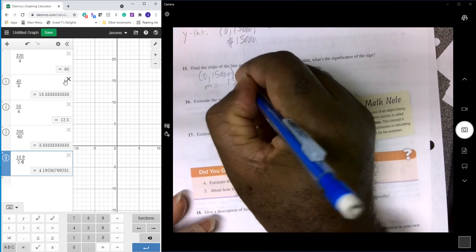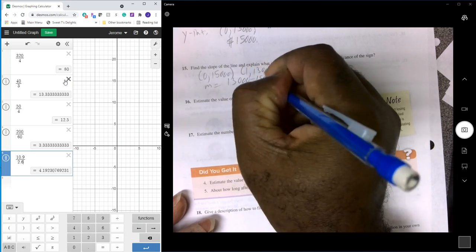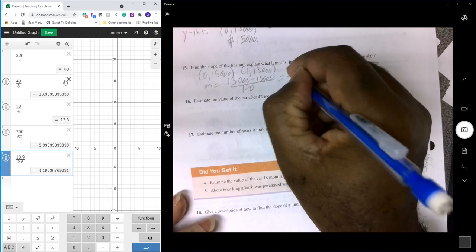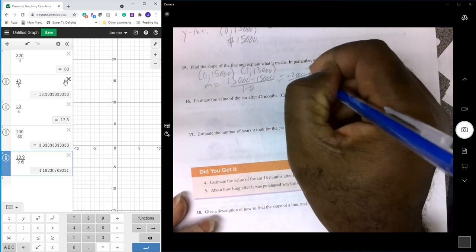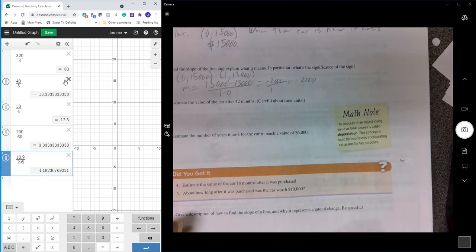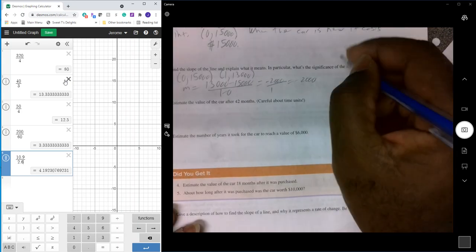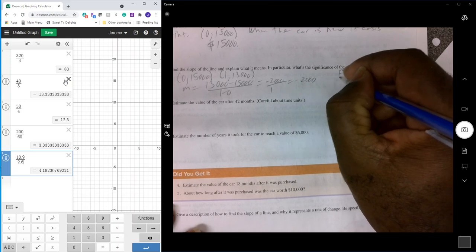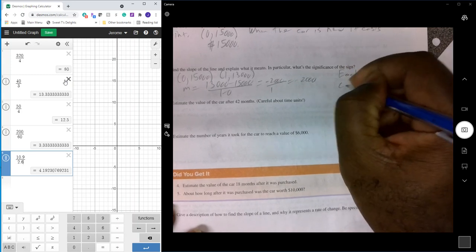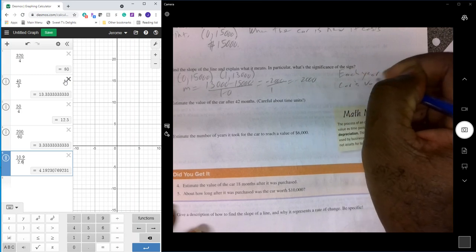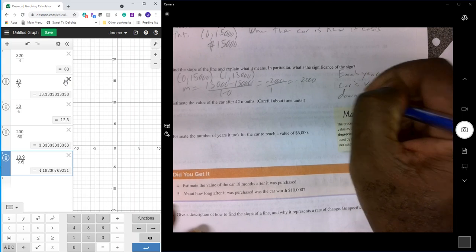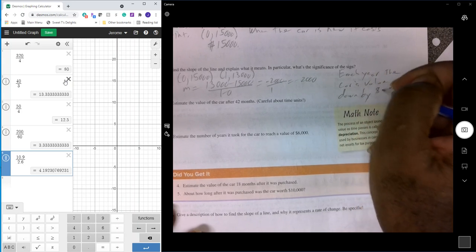It'd be 13,000 minus 15,000 divided by 1 minus 0. So it'd be negative 2,000 over 1, which is negative 2,000. And it says, what does it mean in this situation? Each year, the car's value goes down by $2,000.